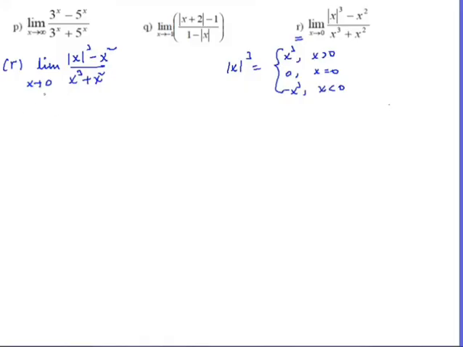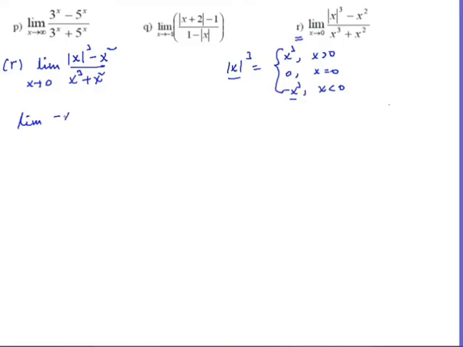So this limit exists if the right hand side and the left hand side limits are the same, because if the limit exists, the value should be unique. So let's evaluate the limit from the left and from the right. For x approaching 0 from the left, we take absolute value of x cubed to be negative x cubed.